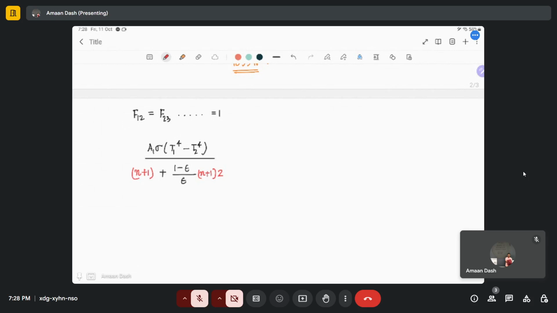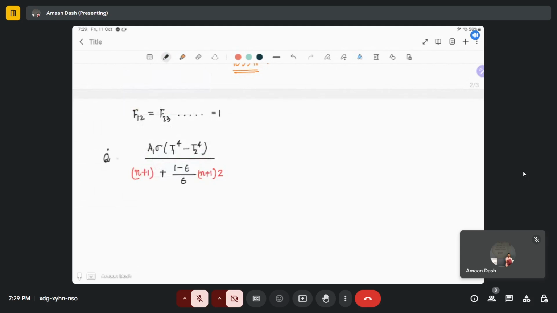And all the areas are equal, so we can just cancel this term. Now the additional thing we can do is, this term 1 by epsilon that we have, if you think that there are n shields, say consider one shield.